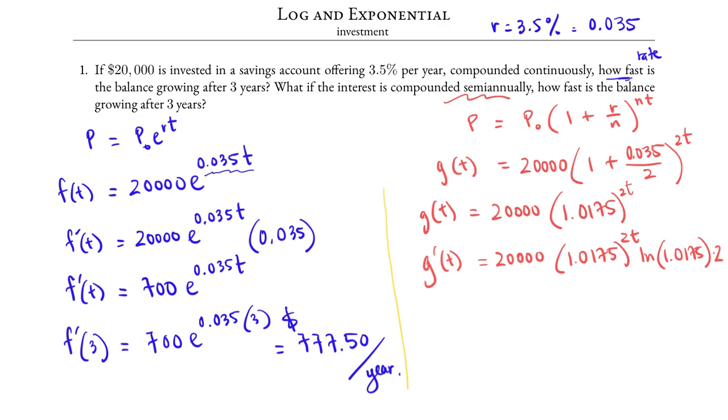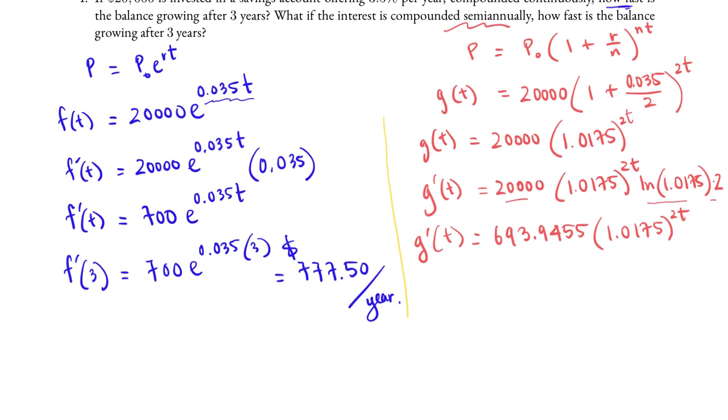Simplifying this by taking 20,000 times ln of 1.0175 times 2, we have g prime of t equals 693.9455. We still have 1.0175 raised to 2t. Then we plug in 3.